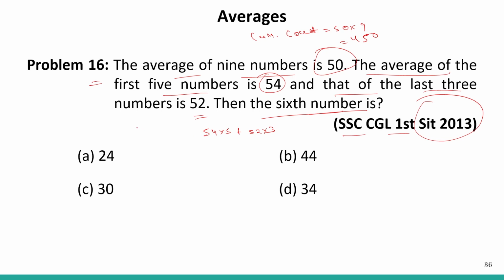The whole sum is 450 minus this much, so the only remaining term here is the 6th term. So 450 minus this is equal to 270 plus 156. There will be a minus, and we can write this as plus if we have a bracket down here. After all the calculations, what we are left with is this one.